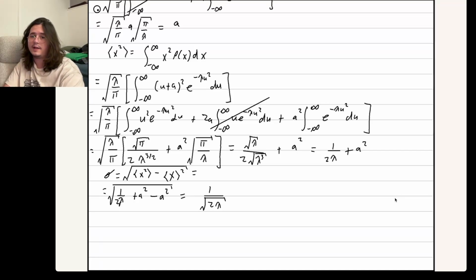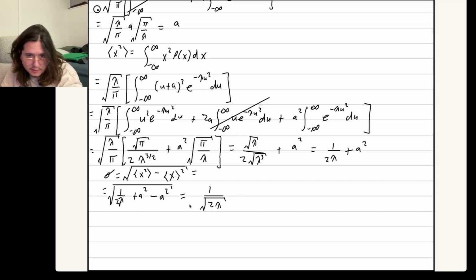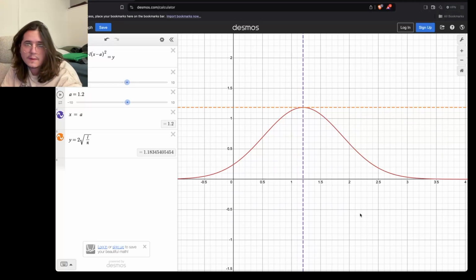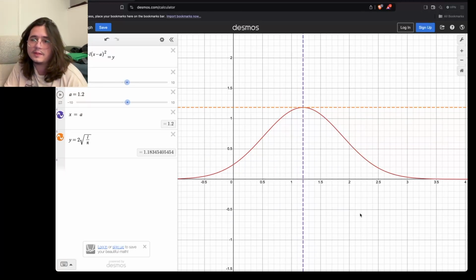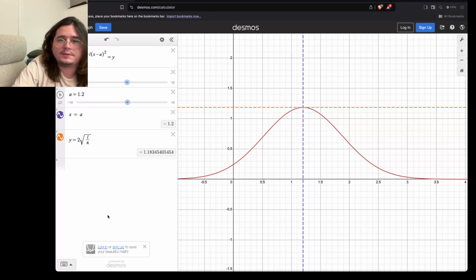The problem also asks for you to sketch what the probability density looks like. And so I have actually a Desmos thing open right here. So this is the probability density plotted on Desmos.